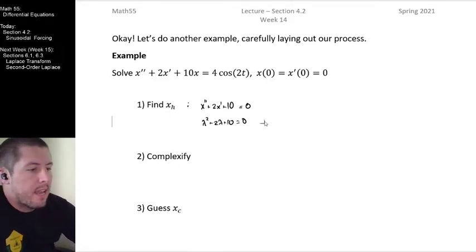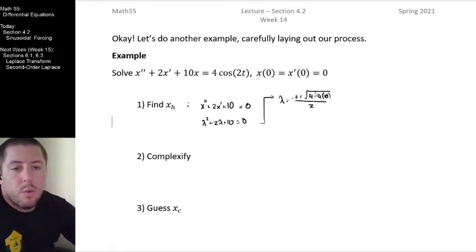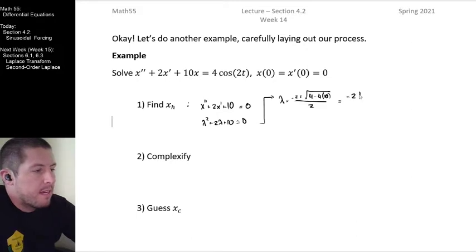And I can see that I can't factor this thing, so I'm going to have to go to my quadratic formula here and get lambda equals negative 2 plus or minus the square root of b squared minus 4 times a times c, all over 2. I can see that underneath the square root, I'm getting 4 minus 40, which is negative 36. The square root of that should give us 6i. So negative 2 plus or minus 6i all over 2 is giving me negative 1 plus or minus 3i.